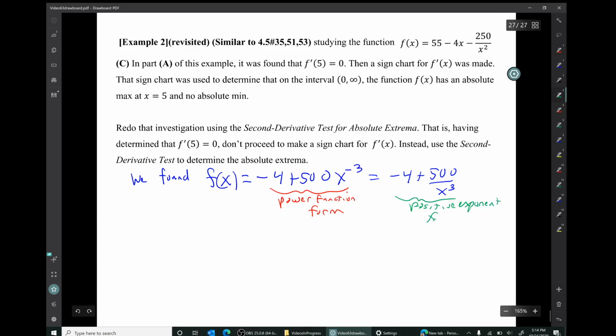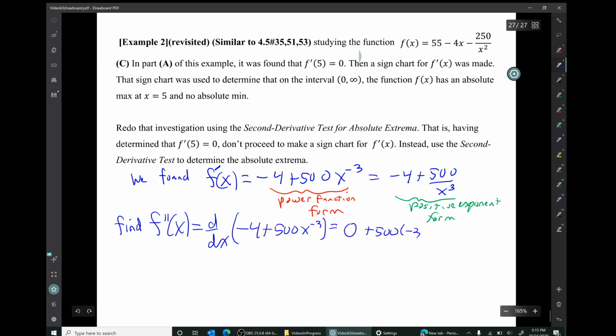Now we're supposed to use the second derivative test, that means we're going to need to find the second derivative. Now for that, we'll use the power function form of f prime. So there is our formula for f double prime of x.